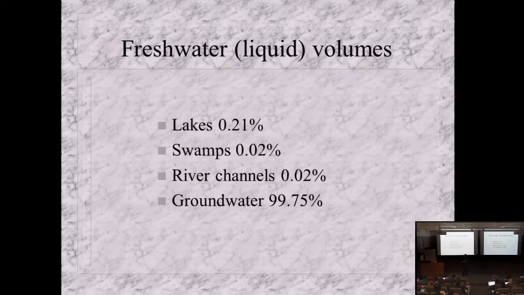Of all of the fresh liquid water on Earth, virtually all of it is underground. Anywhere you go, you can hit groundwater. It's just a question of how much is there, can we use it, what quality is it, and how deep is it, because it's really expensive and uses a lot of fossil fuels to pump it up to the surface.